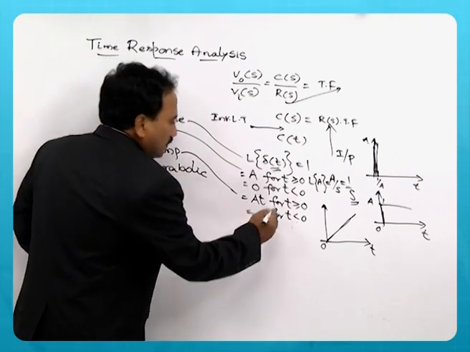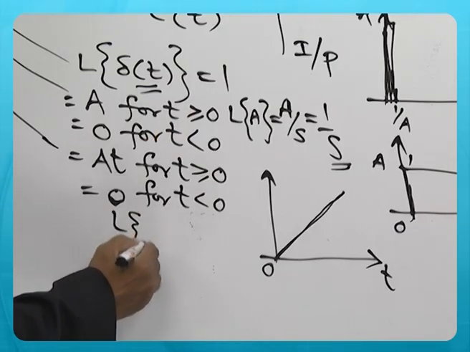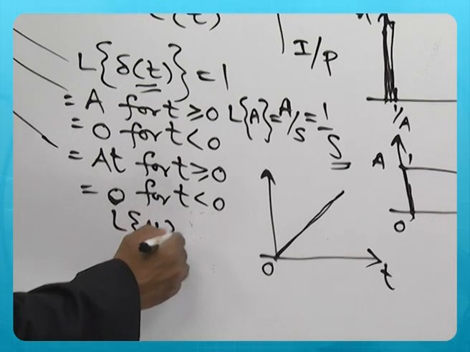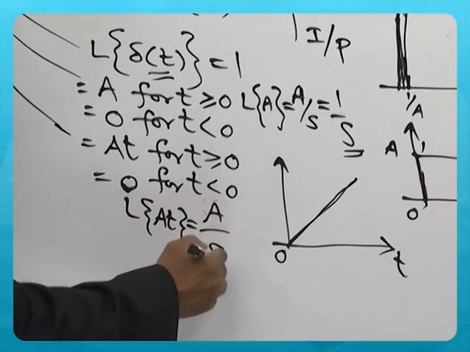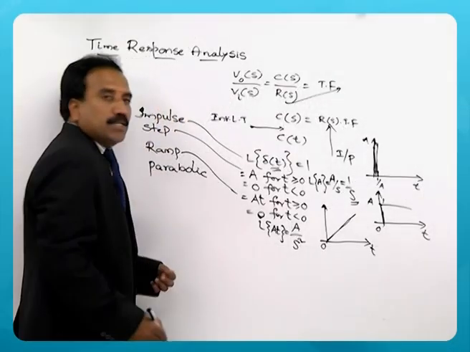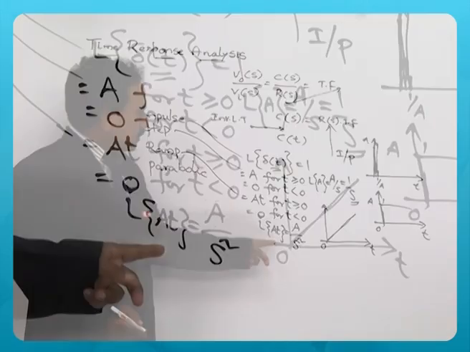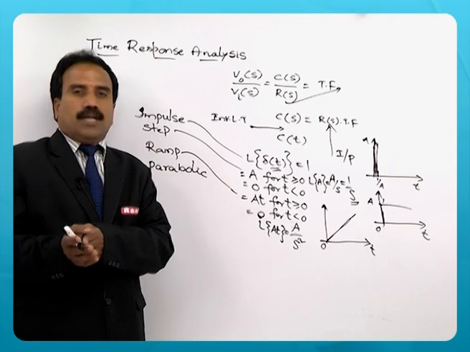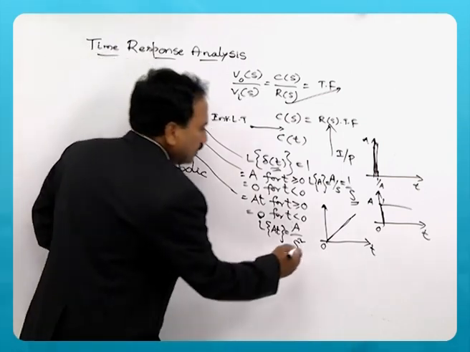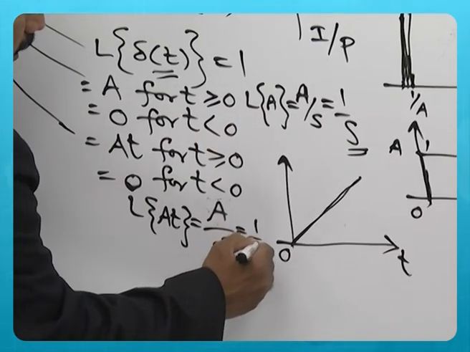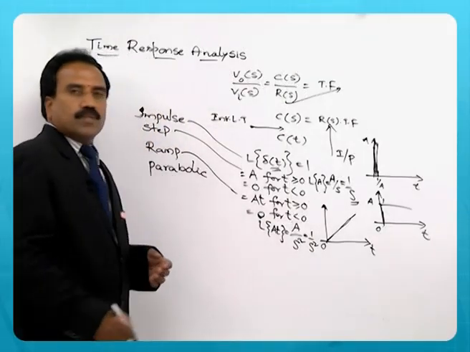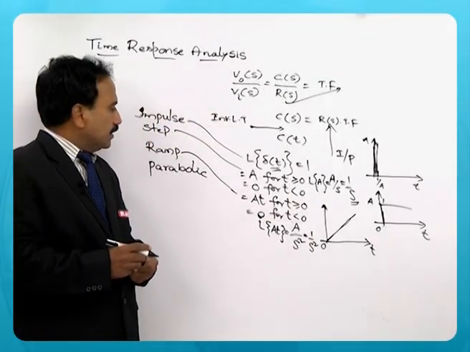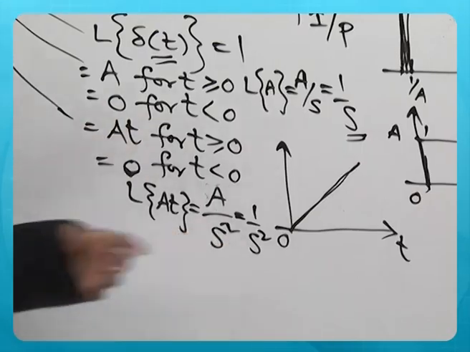The Laplace transform of this ramp signal A t is A by s square. If it is a unit ramp, this is equal to 1 by s square. The Laplace transform of a unit ramp is 1 by s square.